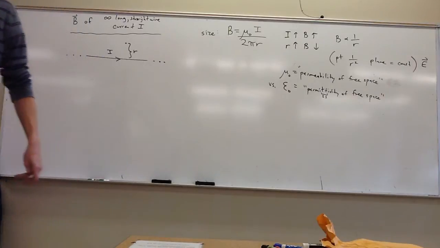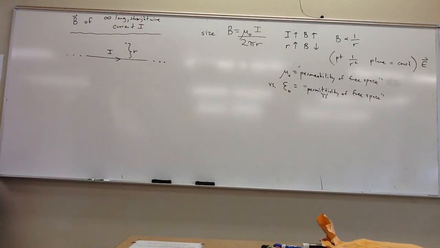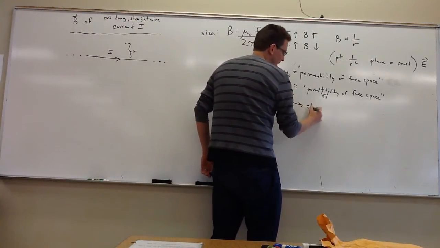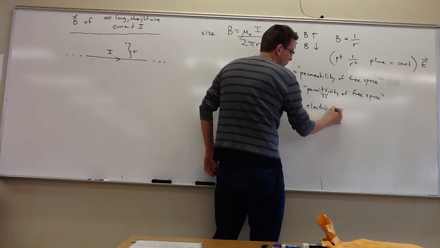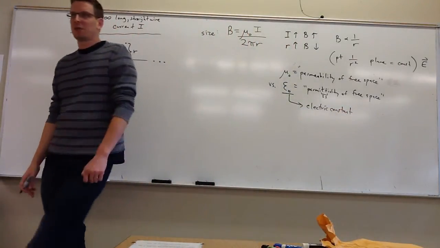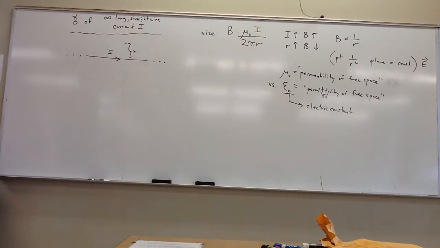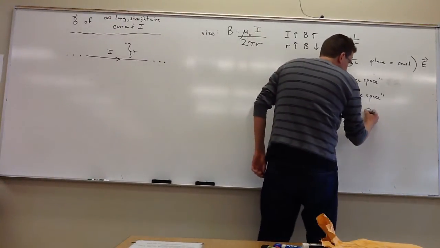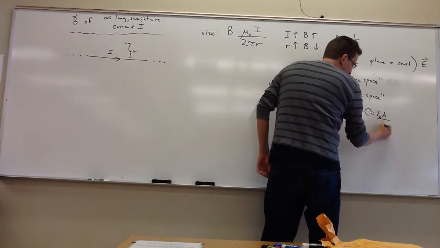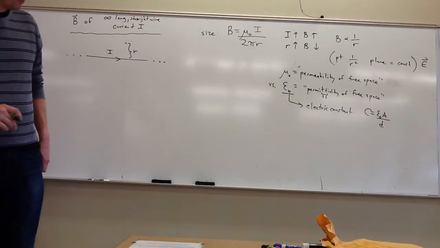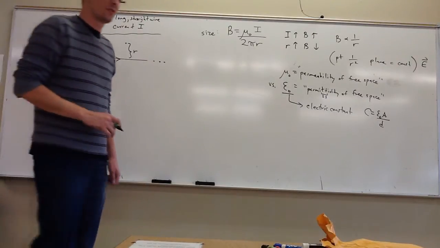Why are they called that? We'll get to that later. But for right now, you should understand that this, in one form or another, is like our electric constant. So that appears in every single one of our electric field formulas in some way. It either appears as epsilon naught, for example, epsilon naught A over d is the capacitance of a capacitor, without a dielectric, of course.